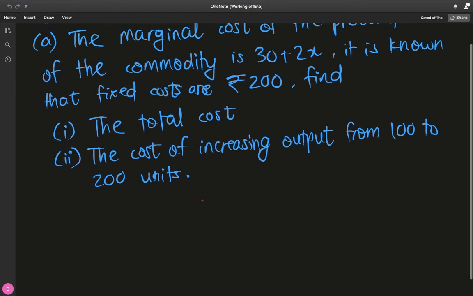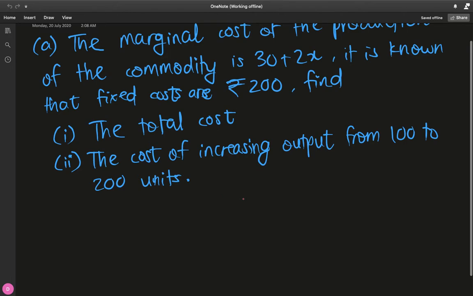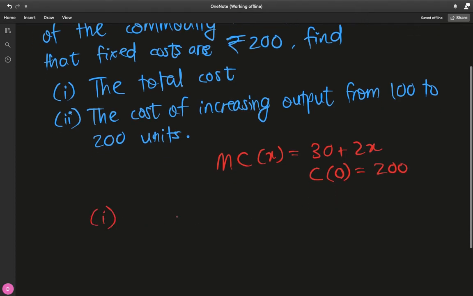Okay, so we know the marginal cost MC of x is 30 plus 2x, and the fixed costs are expressed as the cost function evaluated at 0 is 200. Okay, that's our data. So now doing subpart 1, we need to find the total cost.